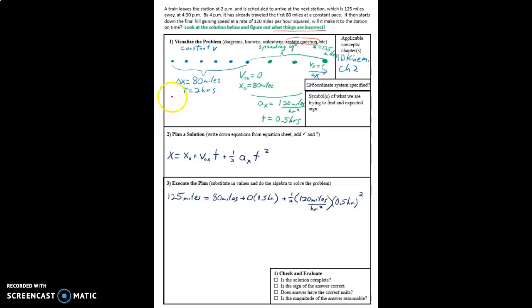And so let's think about how we could calculate this and what we could compare. We want the train to have made it 125 miles or more during that time.